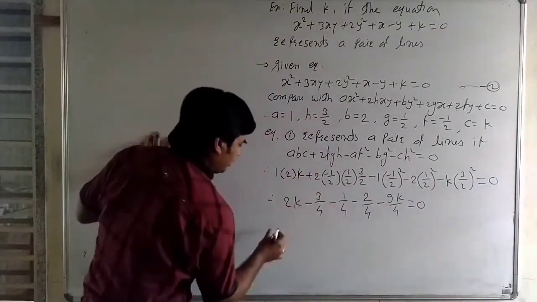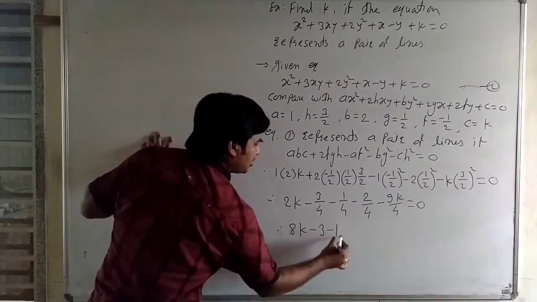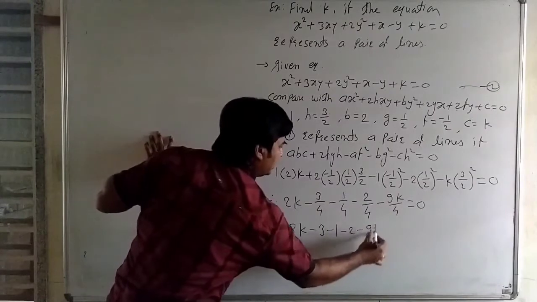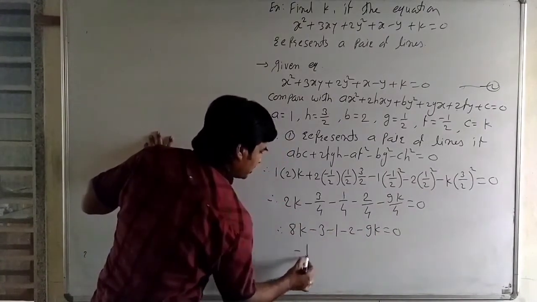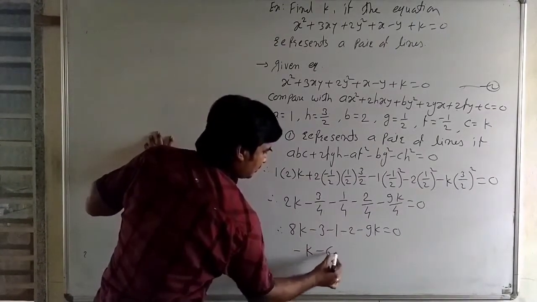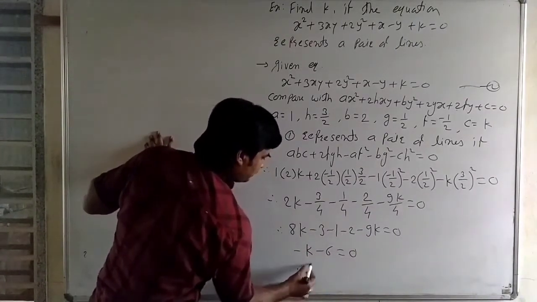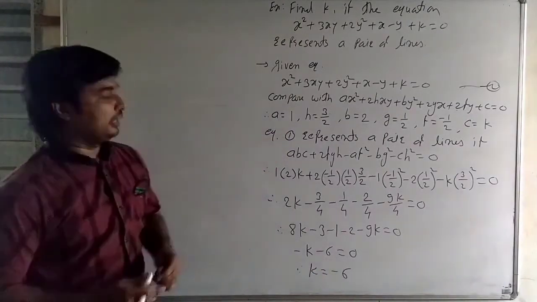Therefore, throughout multiplying by 4, 8k minus 3 minus 1 minus 2 minus 9k is equal to 0. Therefore 8k minus 9k minus k, it is minus 6 is equal to 0, and therefore k is equal to minus 6. It is the value of k.